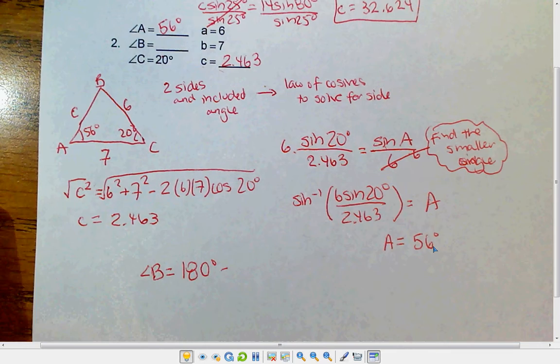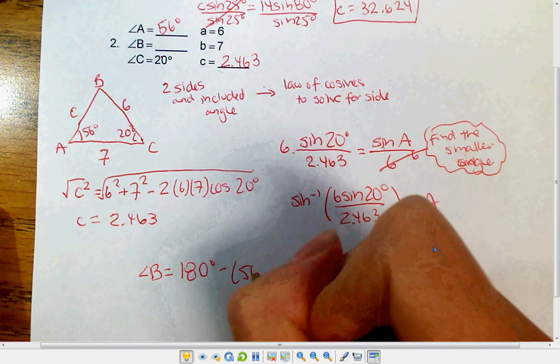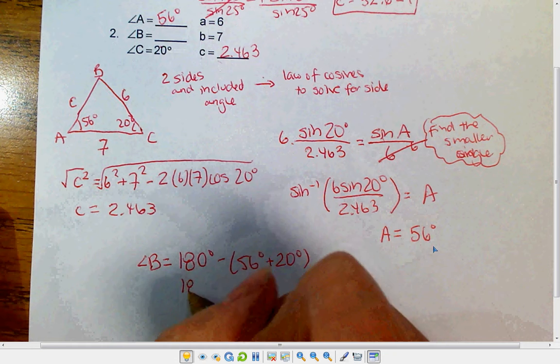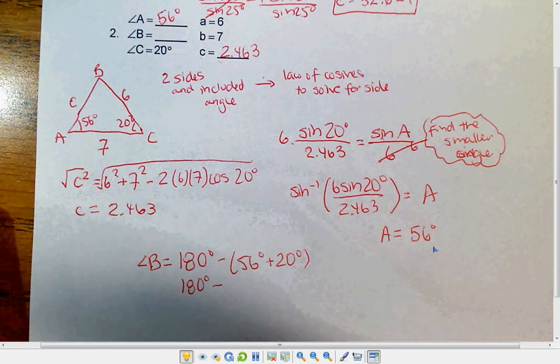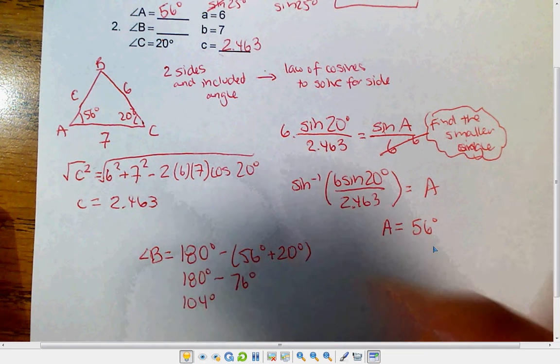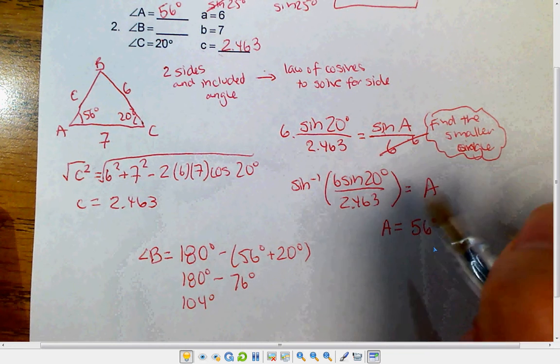So we can do 180 minus the sum of 56 and 20. So 180 degrees minus 76, which gives us 104 degrees.